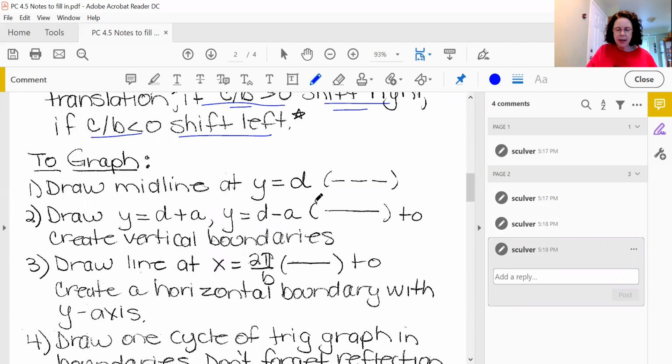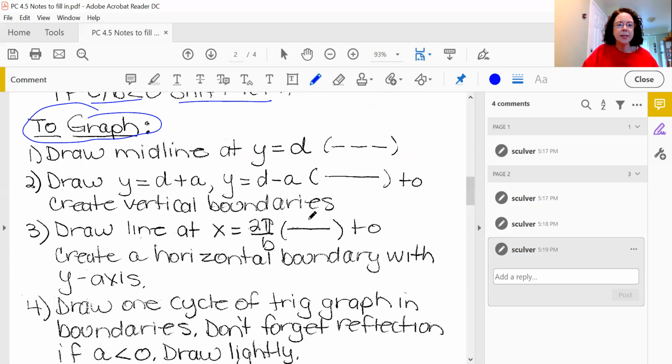So let's get to how to actually graph. To graph, I find my D and draw my midline with a dashed line. I then find the amplitude and go D plus A and draw that horizontal line, D minus A and draw that horizontal line, using a solid line to create vertical boundaries.